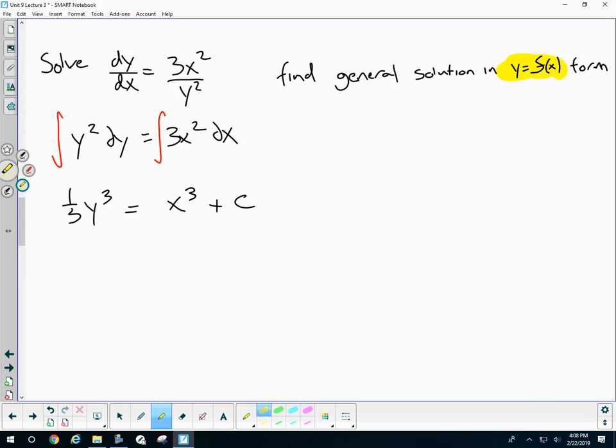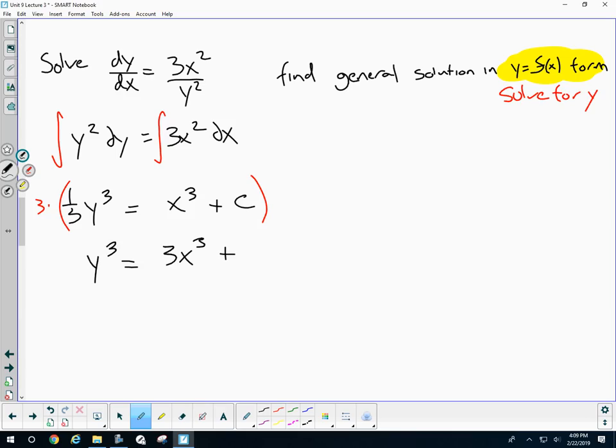You will typically be asked to put your solutions in y equals form, which means you need to solve for y. It's a way for us teachers who are grading these to make sure everything looks the same, because we can have any type of implicit equation looking crazy. But if I ask you to solve for y, it'll be a nice equation that we all will have.